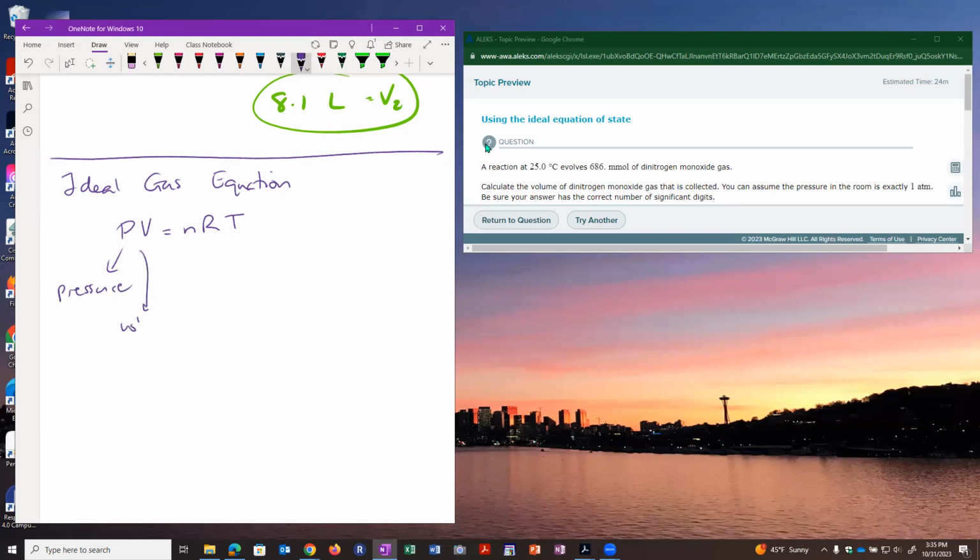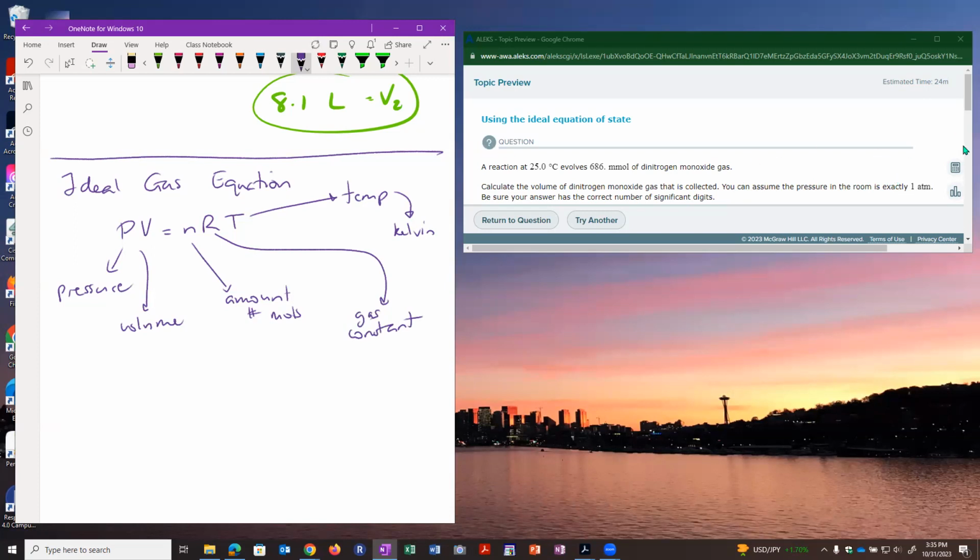V is going to be the volume. n is the amount of the gas, which is typically in number of moles. T here is your temperature. And remember, whenever you see temperature in a gas law equation, this needs to be in Kelvin. And then R is the gas constant. And there are different values for the gas constant that you'll see. You want to use the most appropriate one depending on the units that you see in the question.